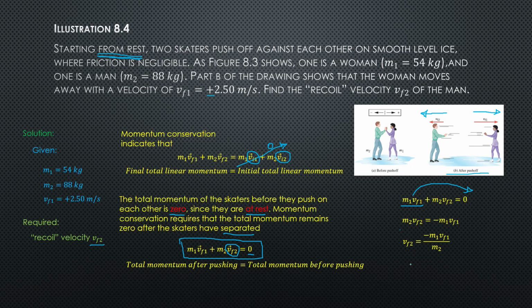Substituting the values, mass 1, the mass of the woman, is 54 kilograms, and its final velocity after push off is positive 2.5 meters per second, divided by mass 2, the mass of the man, which is 88 kilograms, so that is negative. Simplifying this value gives us negative 1.48 meters per second. The negative sign indicates that the man moves to the left as shown in figure B of the drawing.